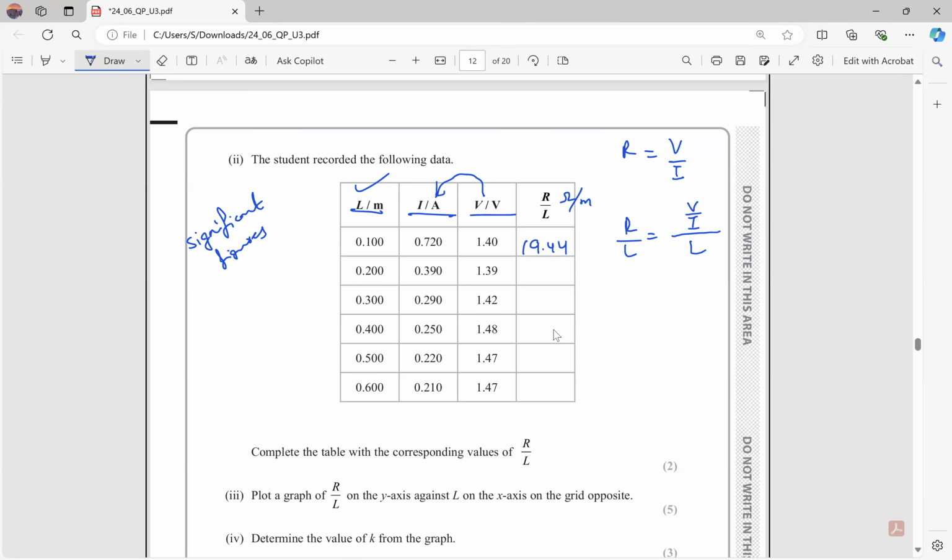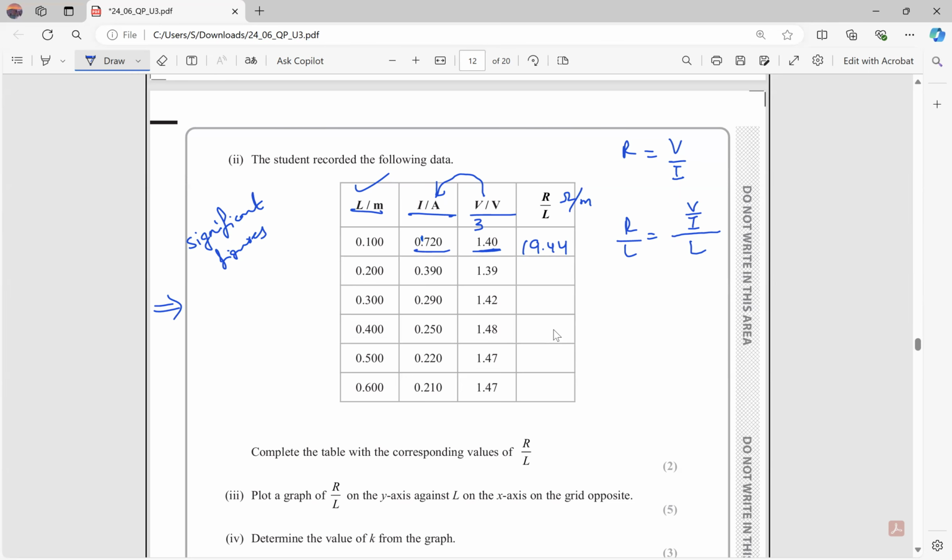So what's the rule for significant figures? When you're multiplying and dividing things, like over here, it's just multiplication and division, the rule is that your final answer should have the least number of significant figures as your data. So if we see over here, this has 3 significant figures because zeros to the right of a decimal point are significant.